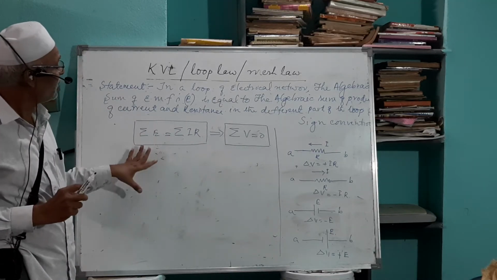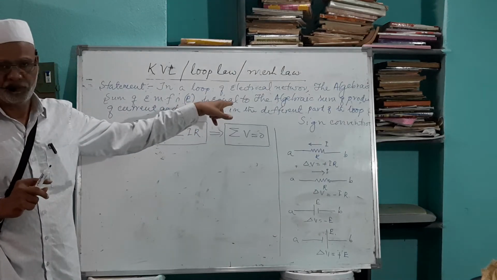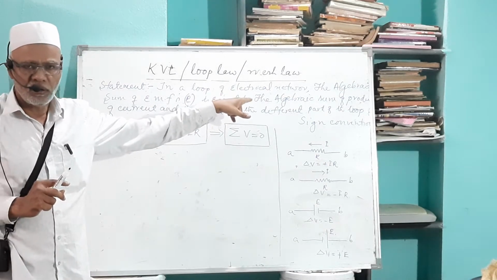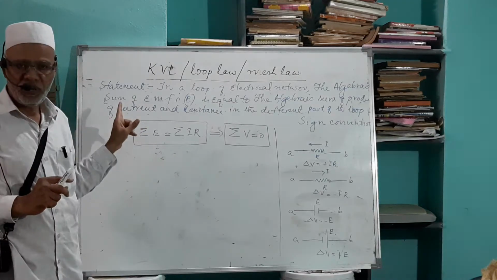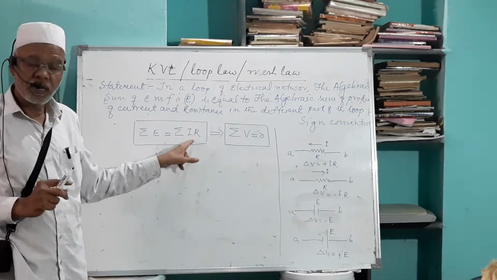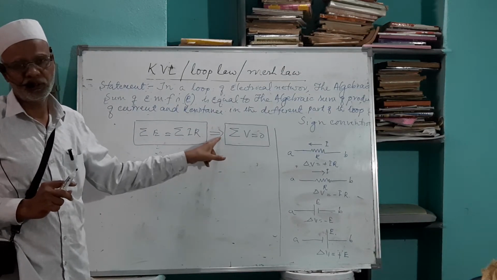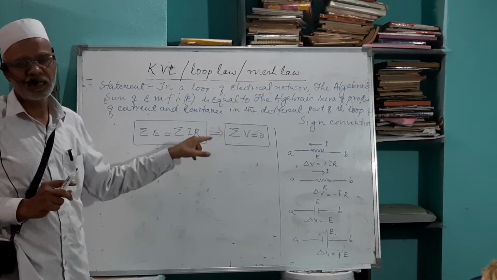Let us see once again. In a loop of an electrical network, the algebraic sum of EMFs is equal to the algebraic sum of the product of current and resistance. Why are we calling it the product of current and resistance?